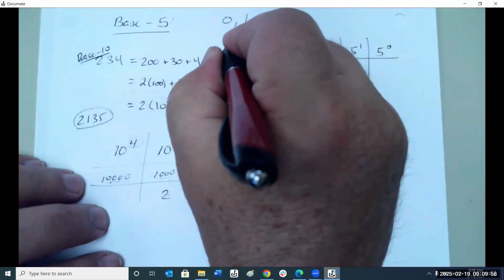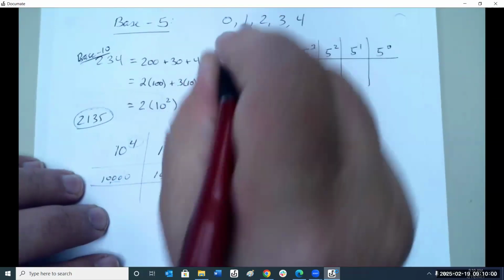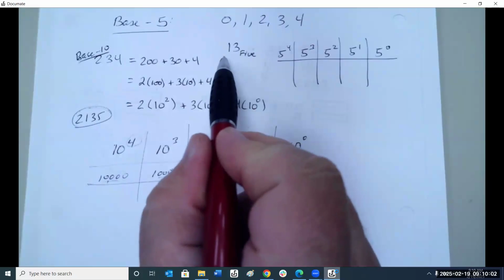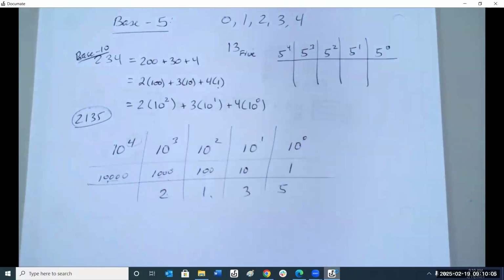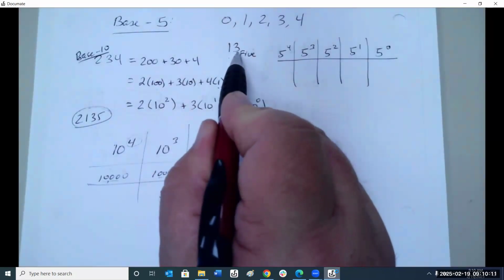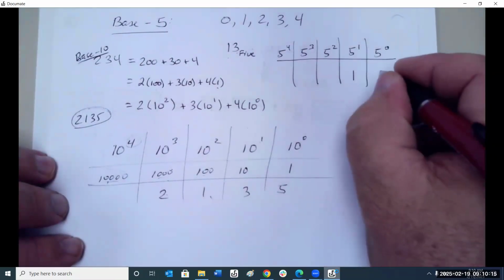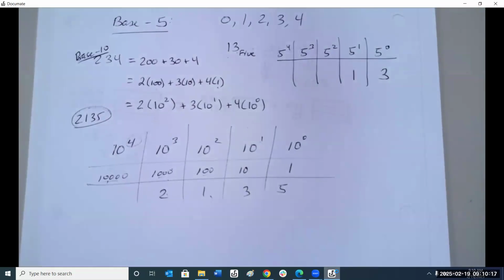So the number 13 is no longer a base 10 number. 13 is a base 10 number, but the way you would read this is 13 base 5. That's what it represents.